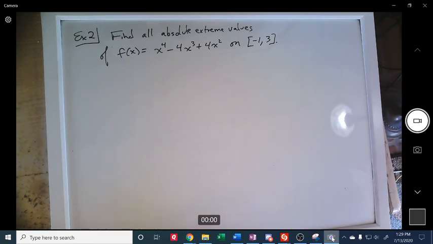Now it's just coincidence it has the same closed interval values as the other one.